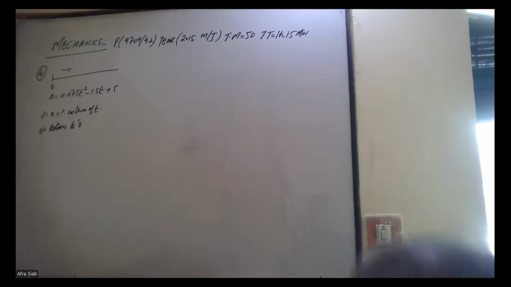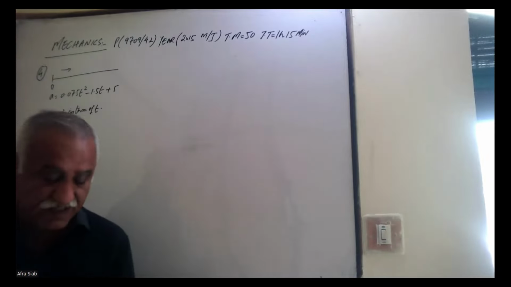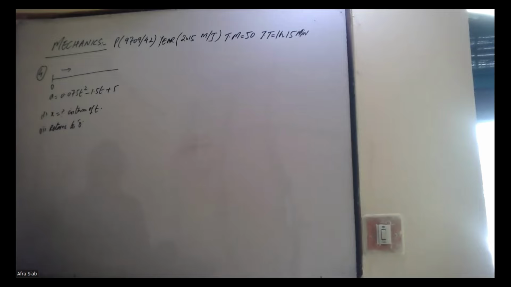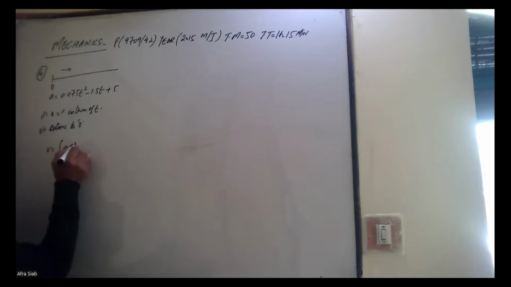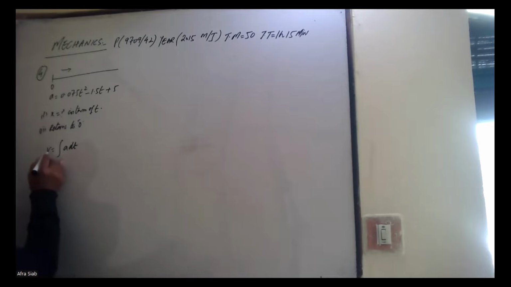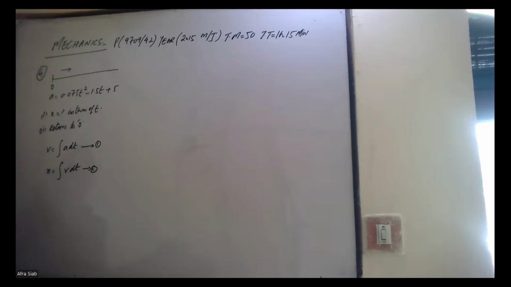So we are going to find out the displacement in terms of t, but they have given the acceleration in terms of t there. But we know that if we integrate acceleration with respect to time, then it is going to give us the velocity. And if we integrate velocity with respect to time, then it is going to give us the displacement. So these are the two equations which we are going to use here for the displacement and the velocity there.